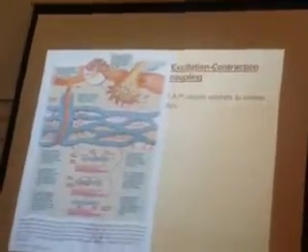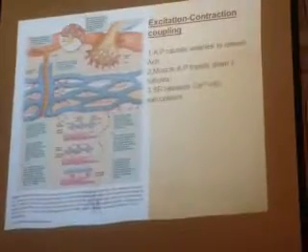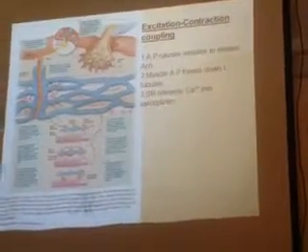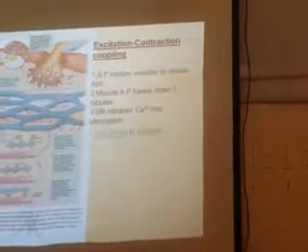In brief steps, the action potential first causes the vesicle to release acetylcholine. Then the muscle action potential travels down the T tubules. Then the sarcoplasmic reticulum releases calcium into the sarcoplasm. Third step, calcium binds to troponin.